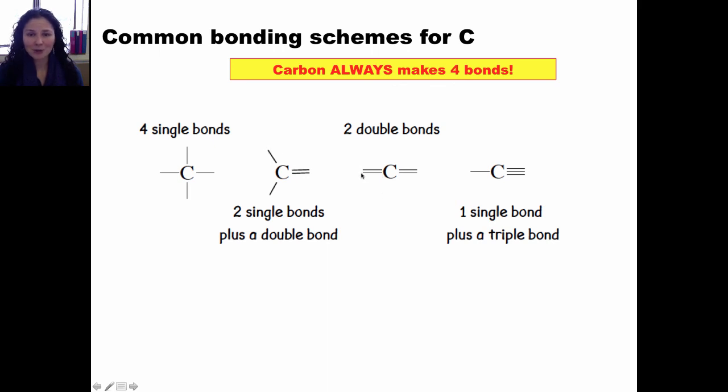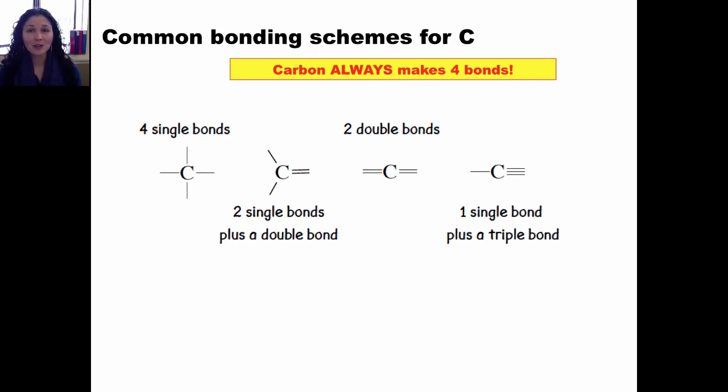Or carbon can have 2 double bonds, still has 4 total bonds. Or it can have a triple bond and 1 single bond. So any combination of single, double, or triple bonds that will give carbon a total of 4 bonds is good. Because carbon needs to make 4 bonds, these will always be the common bonding schemes for carbon.